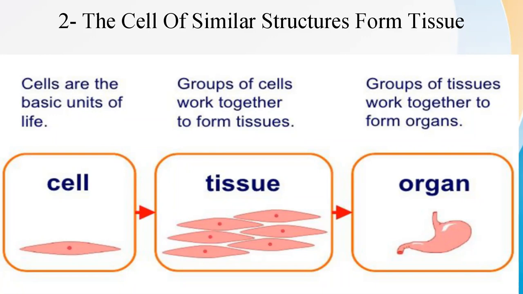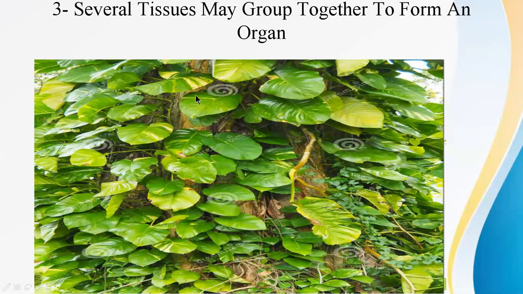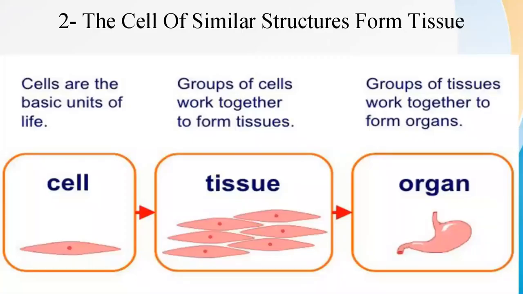Whenever these cells combine or group together for working, they form a layer. In the second picture, you can see the tissue. When these tissues combine in the form of layers, an organ is formed.